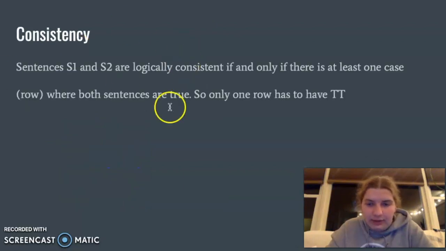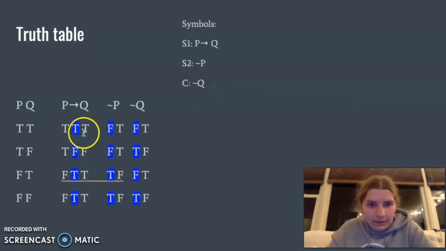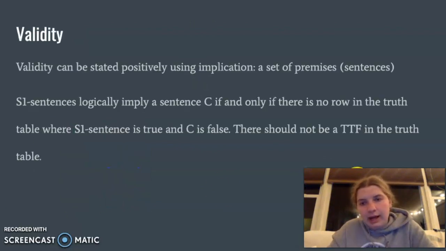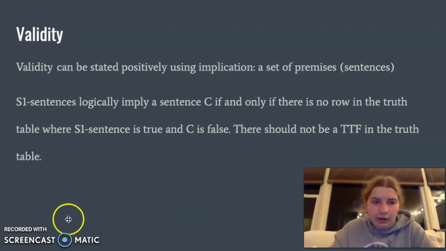Consistency means we have to have one row with true, true. Do we have a row with true, true? Yes, we have rows 3 and 4 with true, true, meaning there is consistency in this argument. Last but not least, validity. We cannot have true, true, false in our truth table.